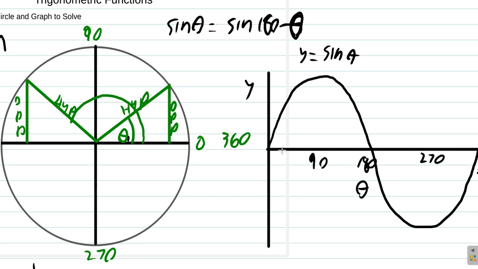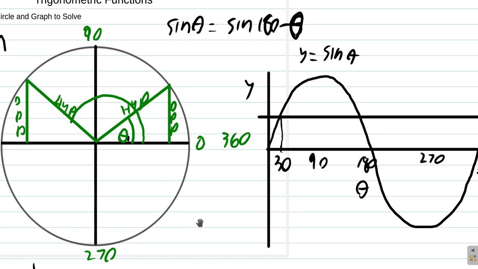If you find 30 and project upwards to the curve, then you project horizontally, this will give you the sine of 30. So let us draw a line across. Here, this is 30 degrees. You go up. When you go across, you're going to get half.